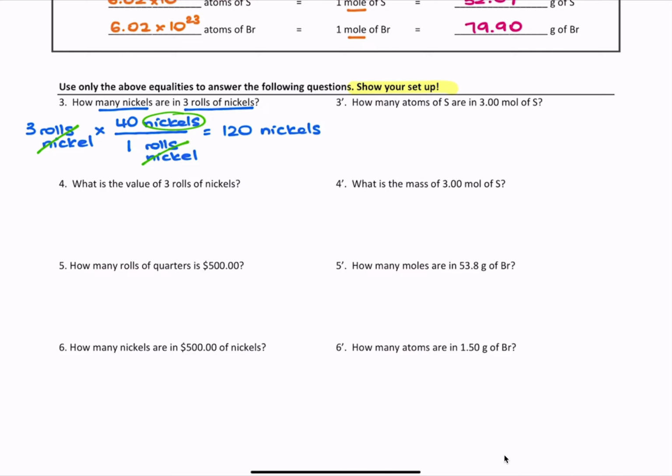We can do very similarly problem 3 prime. So what's the question in 3 prime? How many atoms are in 3 mole of sulfur?